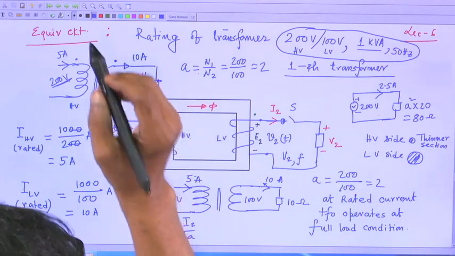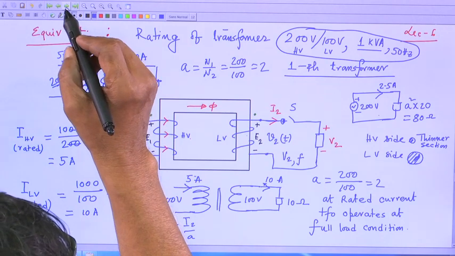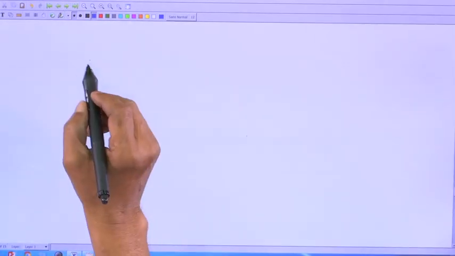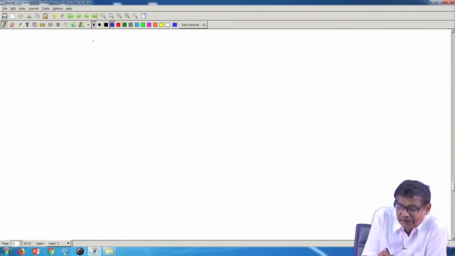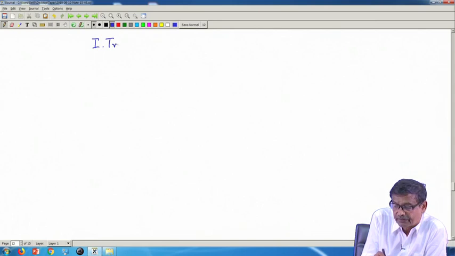Next thing in this lecture, so that it creates interest in you: we are continuing with an ideal transformer, mind you.